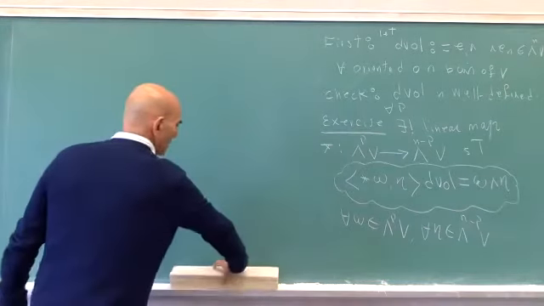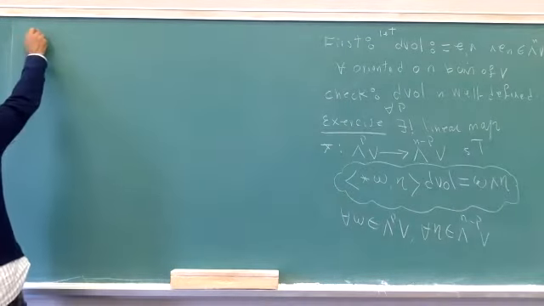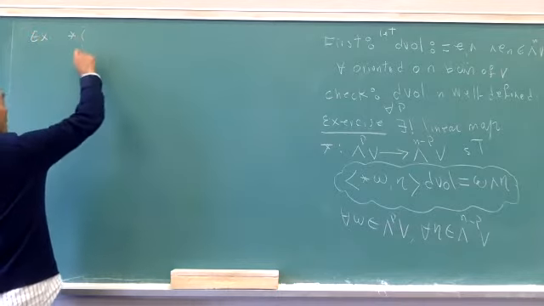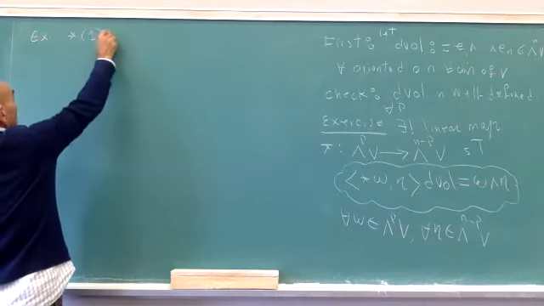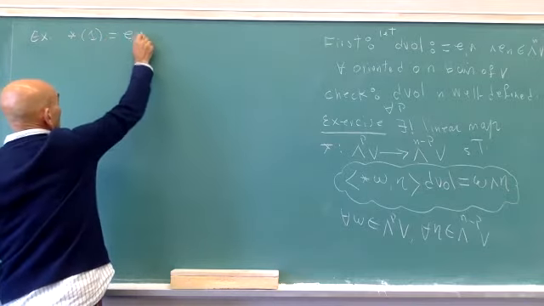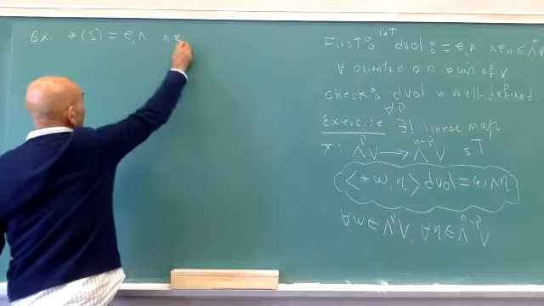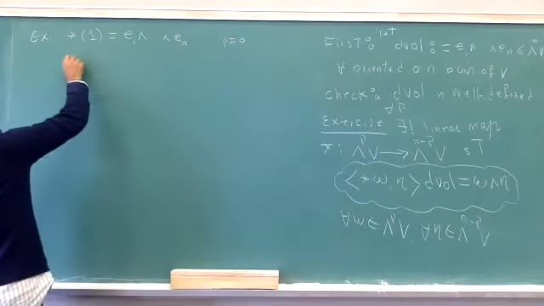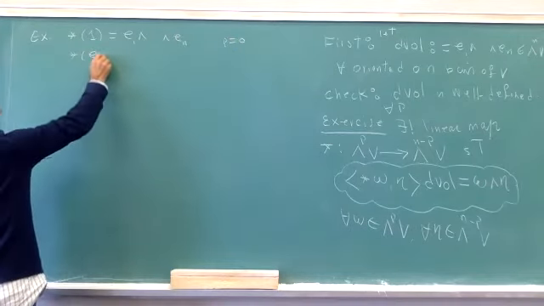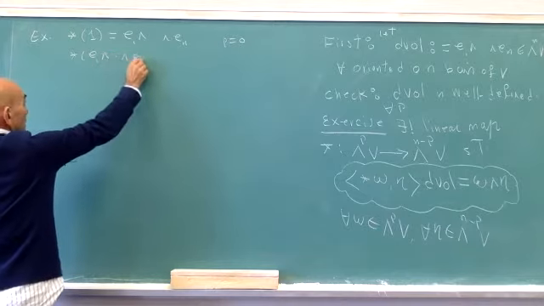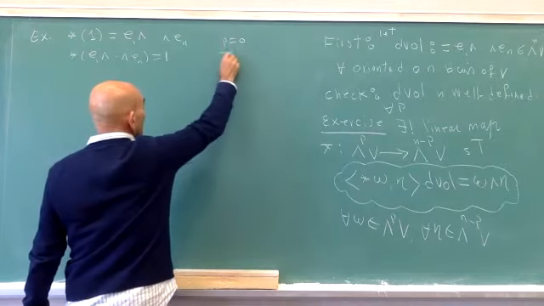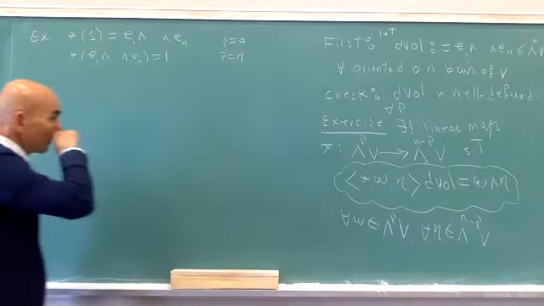For example, star of 1 is equal to E1 wedge En. And star of E1 wedge En is equal to 1.